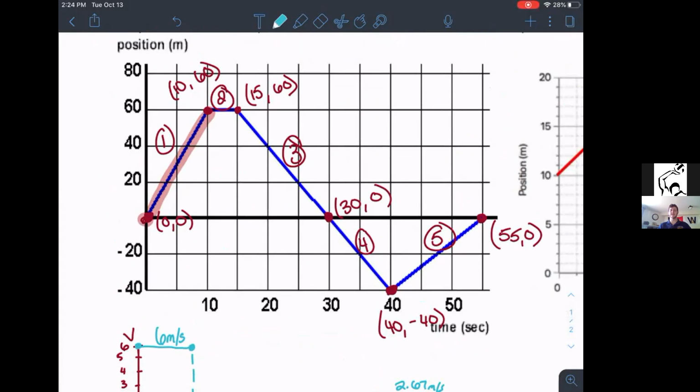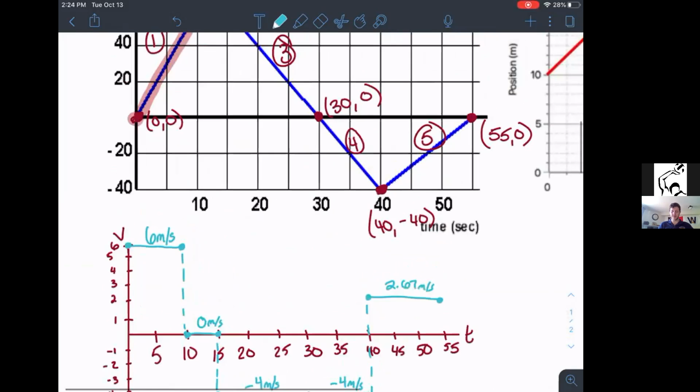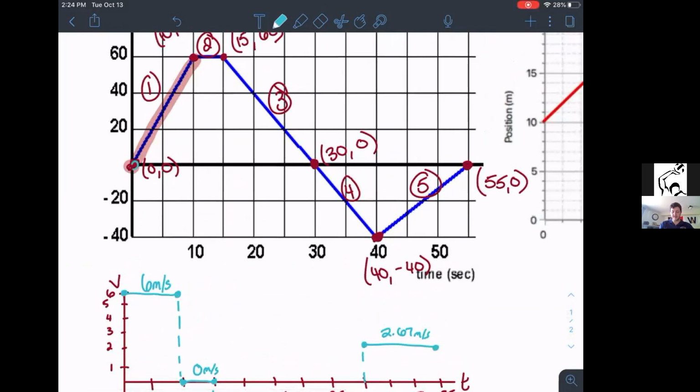constant values. So now the last section says that you're going to write a story about that, making sure that your story talks about the fact that you started at home or you started somewhere. You traveled away from your home this many meters in this much time. You stayed there, and then you went back towards your house and you passed your house, continuing to go 40 meters past your house.